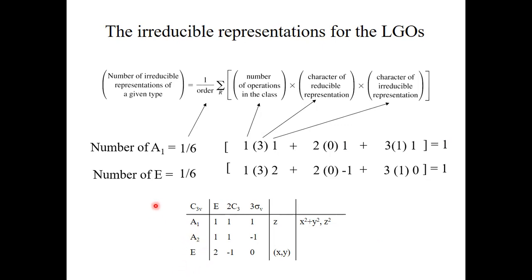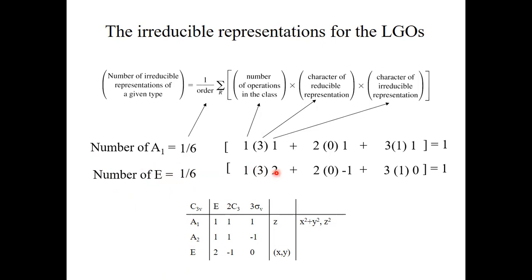Now the result for the symmetry type A2 would be 0, and the result for the symmetry type A1 would be 1. So I have not exactly calculated here the number of irreducible representations with the symmetry type A2, but only the number of irreducible representations of the type E. So this is in this case 1/6, because that's again 1 over the order of the point group, times 1 times 3 times 2.